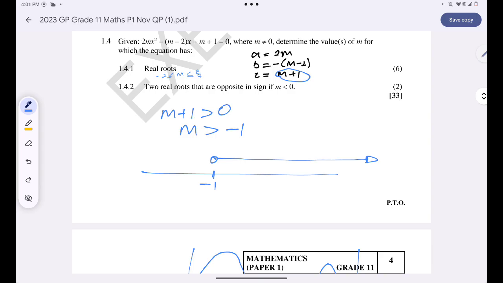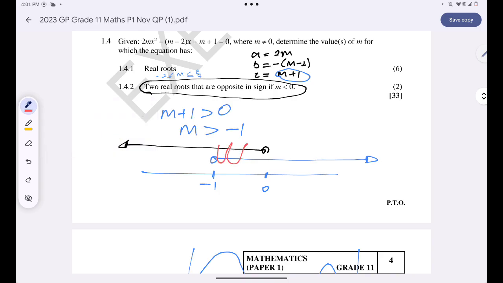But remember that I was also told that m is a negative number, which simply means m can be anything which is less than 0. So I'll just insert 0 on the number line and then indicate where m is less than 0. The answer will be like this whenever I represent it on the number line. The final solution for this question is where I have my two lines overlapping one another. I can see that my two lines are overlapping one another in this region. Are you together?